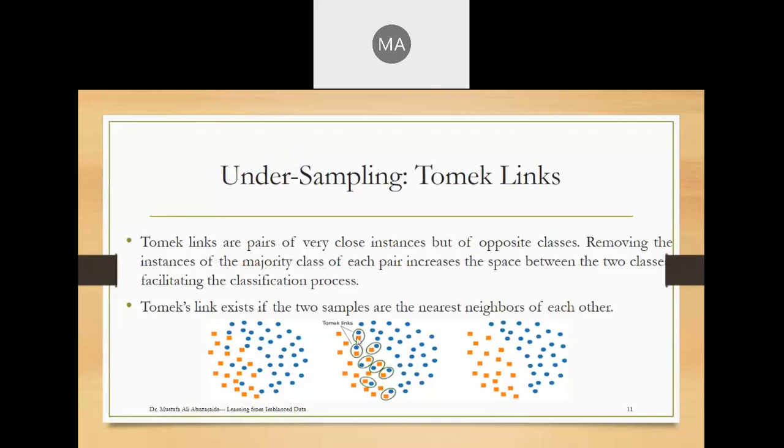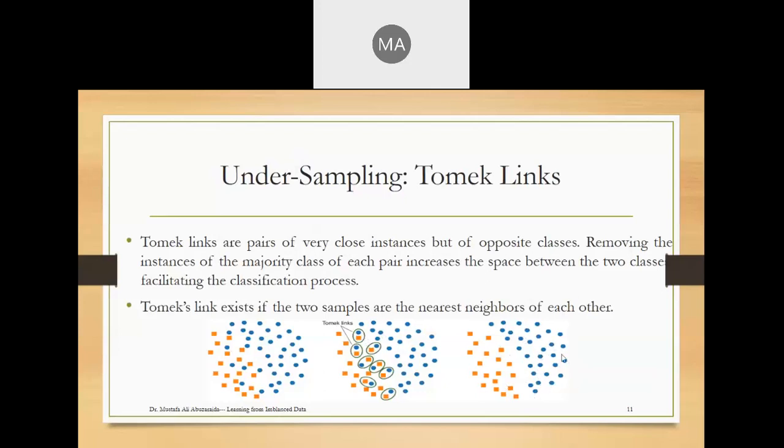We find these close cases, they are similar, and then we remove the majority case and leave the minority one.